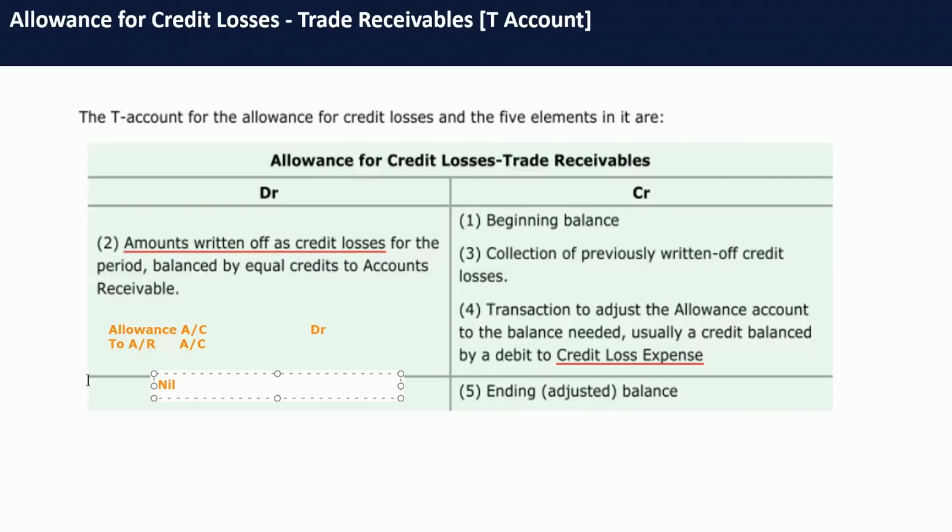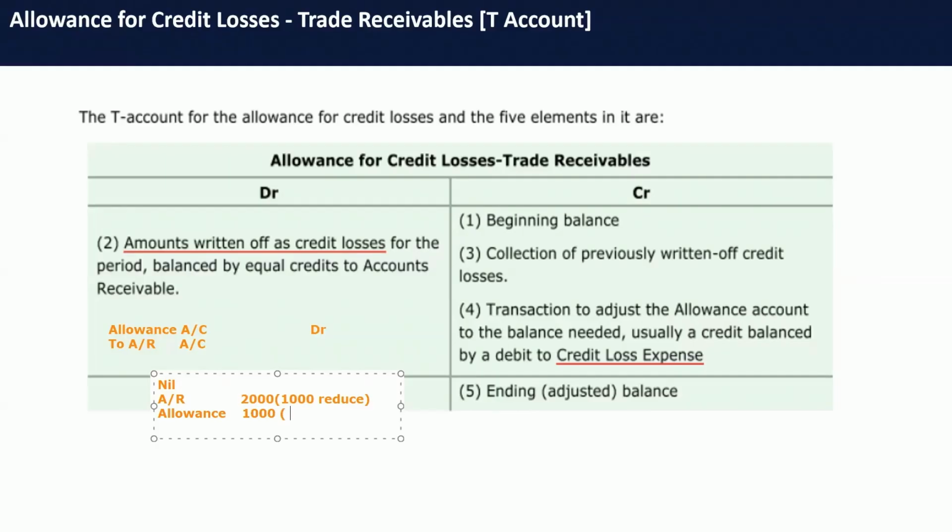You know why? Notice this. Allowance account is your contra asset account and accounts receivable is your asset account. Both are reducing by the same amount. That means you will not have any impact. According to this entry, suppose your accounts receivable is 2000. Assume it is 1000, 1000 you have to reduce. Then what happens with your allowance account? Allowance is your contra asset account and it will have some balances. Let us say 1000.